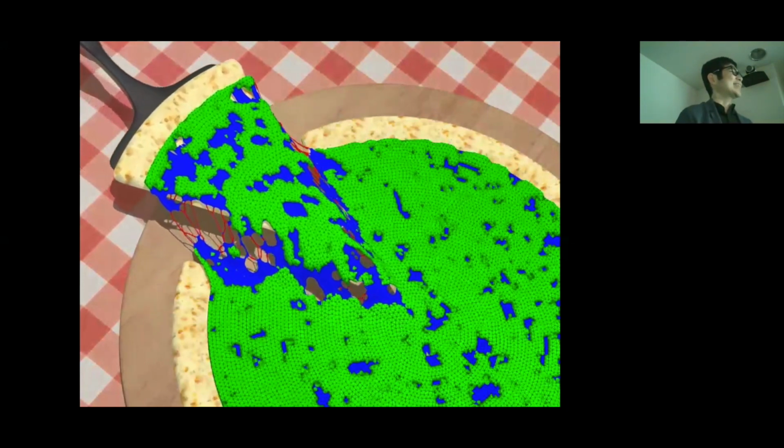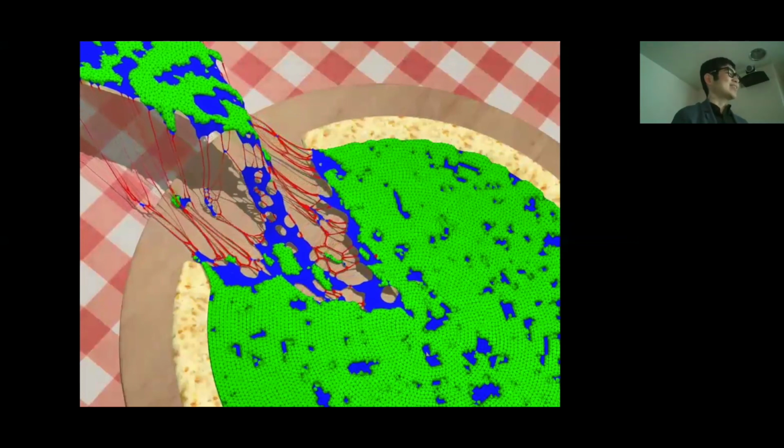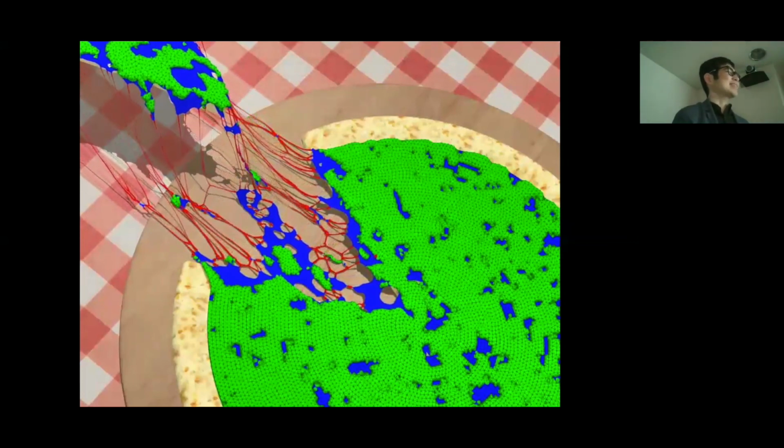And this video shows the different types of elements: green is volumetric tetrahedron, blue is triangle, and red are segments. All of them are combined together, and we solve the Navier-Stokes equations on this structure to generate the motion of this complicated codimensional viscous flow.